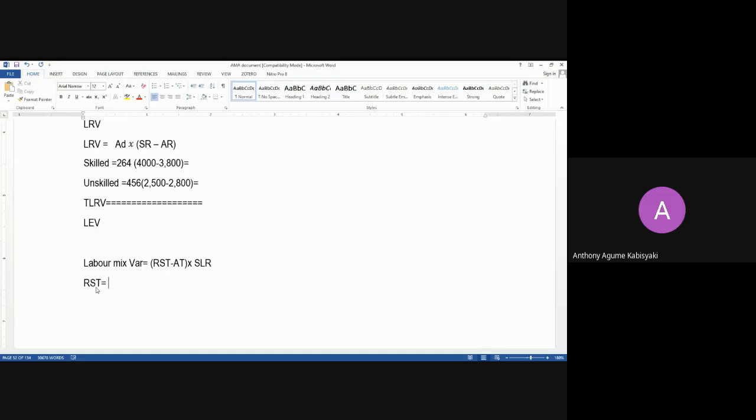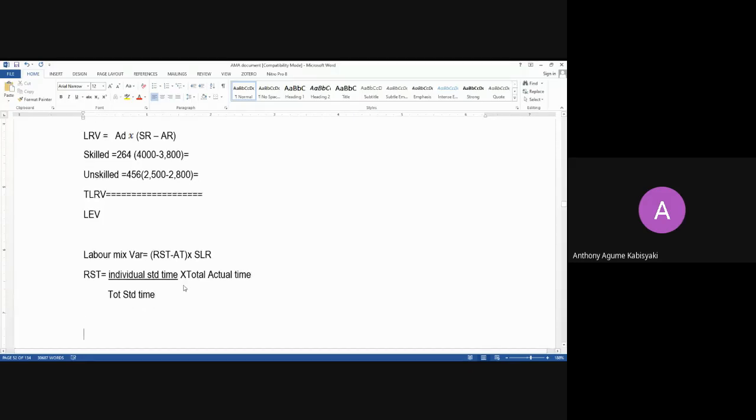If you recall, like the way we did for material mix, we get the individual standard time divided by total standard time, then I multiply this by total actual time.